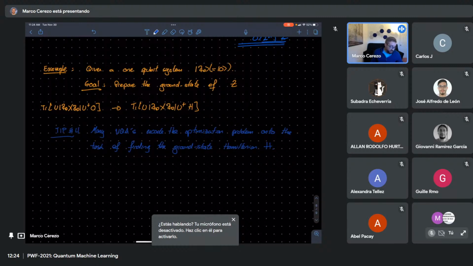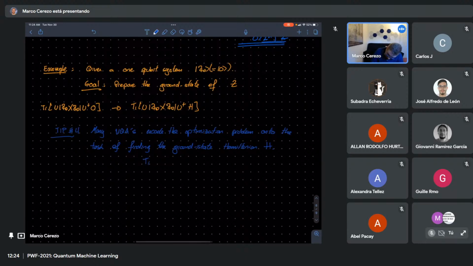And let's think about this. How do we know that this is actually going to be a good way of estimating the cost function? So in this case, my cost function C of theta is going to be, I initialize my state in the 0 state, right? So I have something that looks like this. And then I'm going to send it through a parametrized quantum circuit.